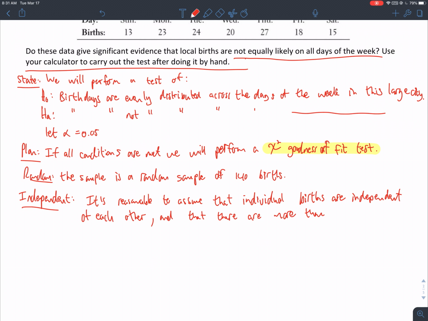That there are more than 1,400 births in a large city. The 10% condition is met.